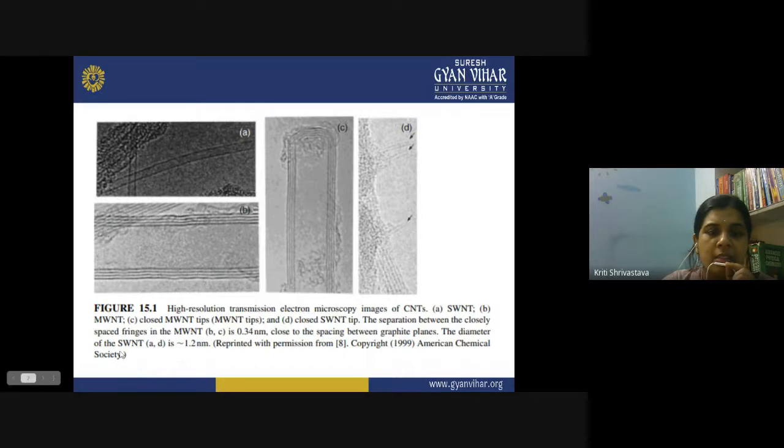The diameter of the single-walled nanotube is about 1.2 nanometer. This is the high-resolution transmission electron microscope, TEM, image of carbon nanotubes, in which the structural differences between single- and multiple-walled carbon nanotubes are clearly visible.